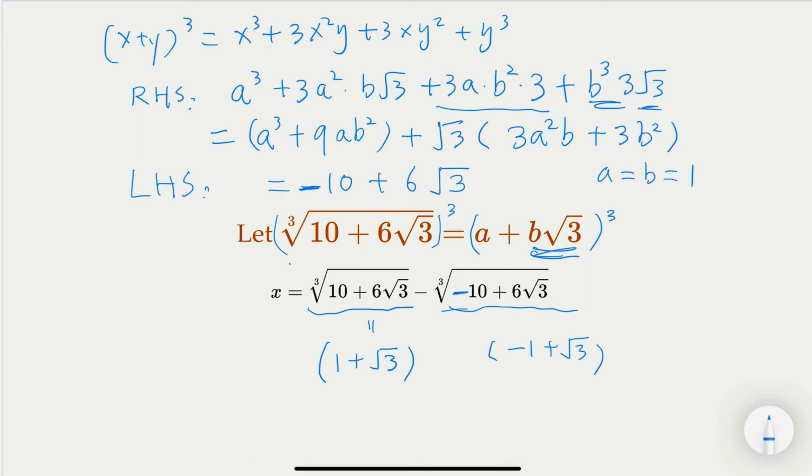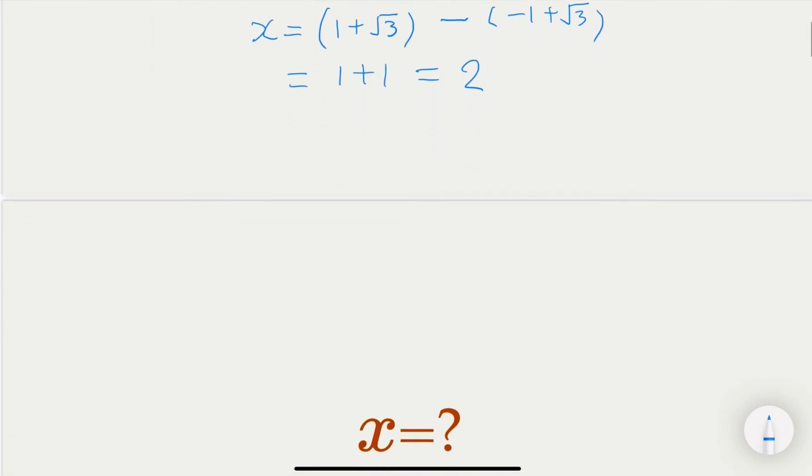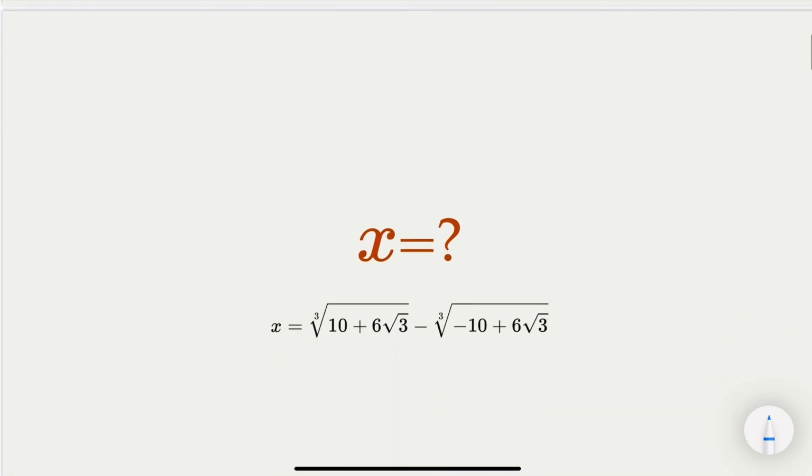If you follow the same process, you'll find that the two terms can be simplified in this form. Then if you calculate the difference, x finally is going to equal, the square root of 3 would cancel, 1 minus negative 1 becomes 1 plus 1, which equals 2. So this semi-complex expression here is actually equal to 2.